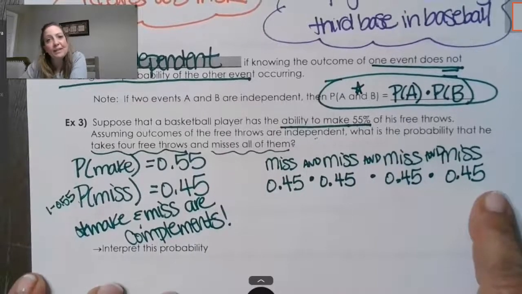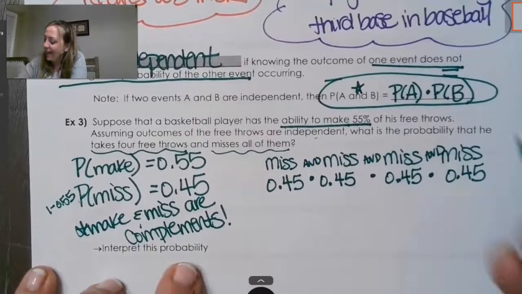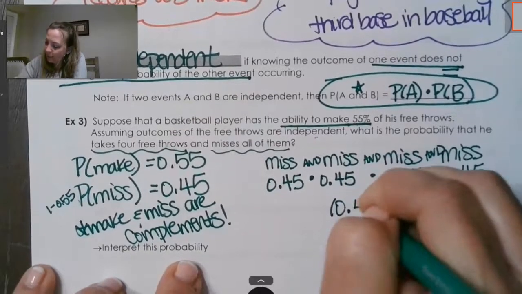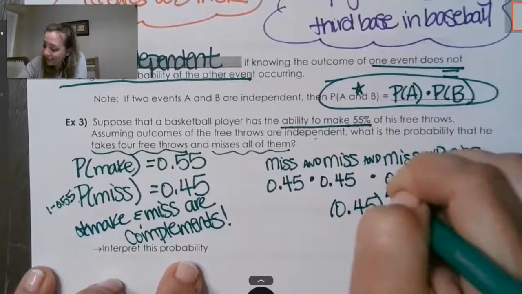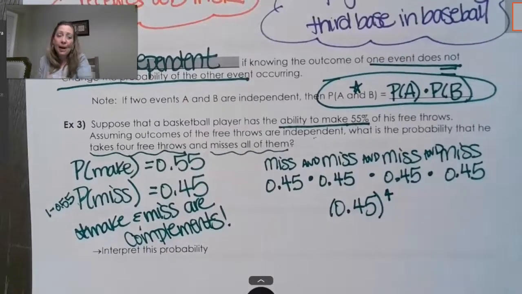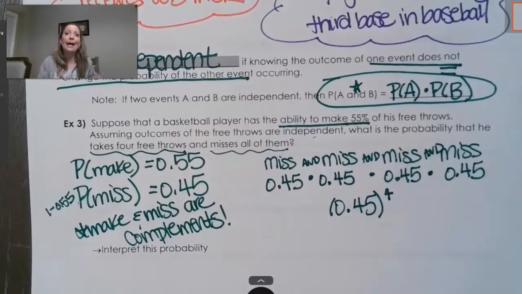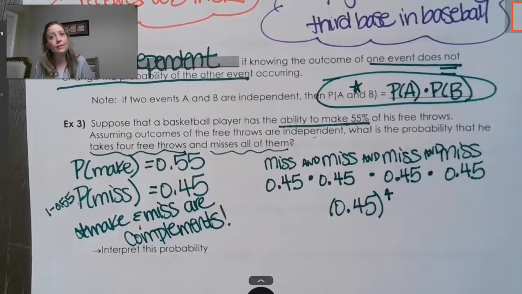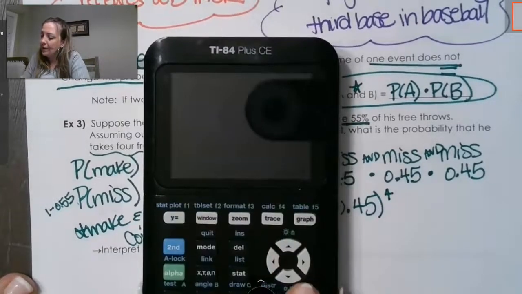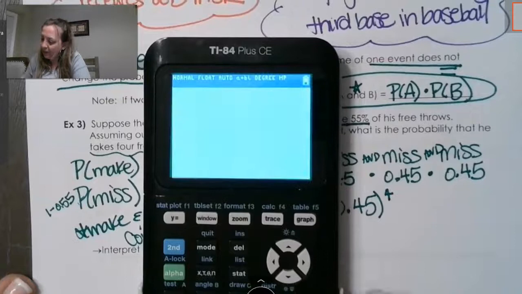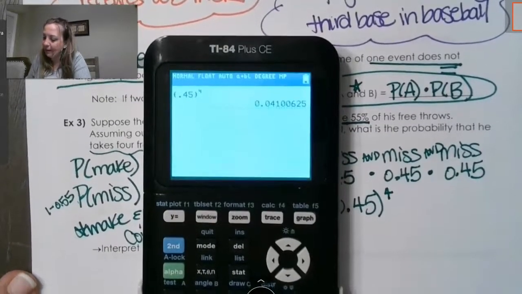Well, this brings us back to the idea of exponents. And this is the same as 0.45 raised to the 4th power. Remember, exponents are when you multiply something by itself. So we would want to use an exponent of 4. So let's do that here. Let's take 0.45 and raise it to the 4th power.